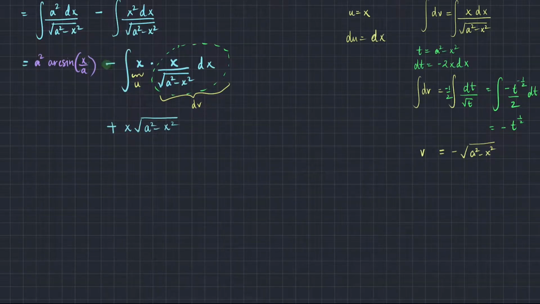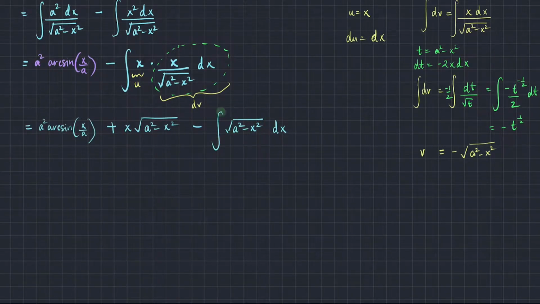And if you remember, this was already a negative. And so the second term of the integration by parts formula, v times du, is going to be positive. But we already have a negative sign over here, so we continue to have a negative sign, integral of v.